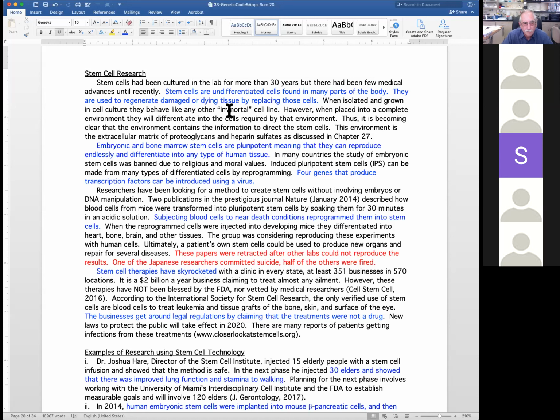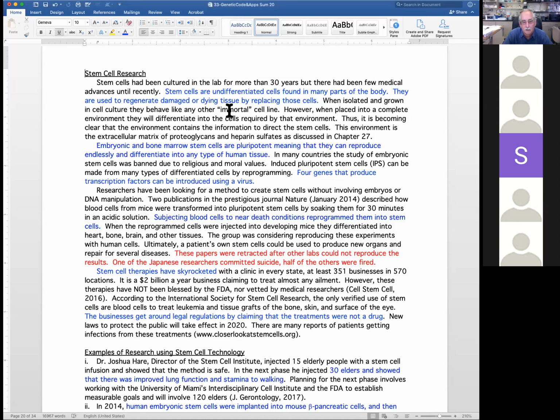Then we have induced pluripotent stem cells. They can be made from some types of differentiated cells by reprogramming them. And the reason we have to deal with that is because some countries ban the use of embryonic stem cells because they think that the embryo is a person. And if that embryo could get a lawyer, they would sue you.